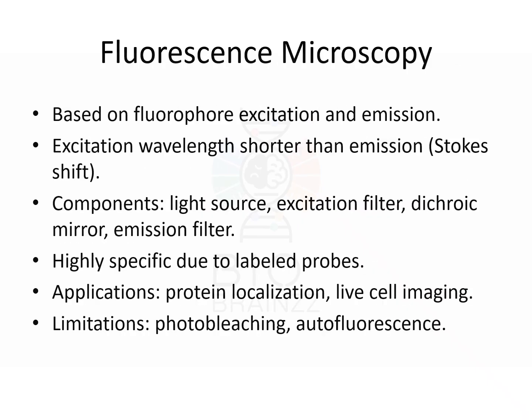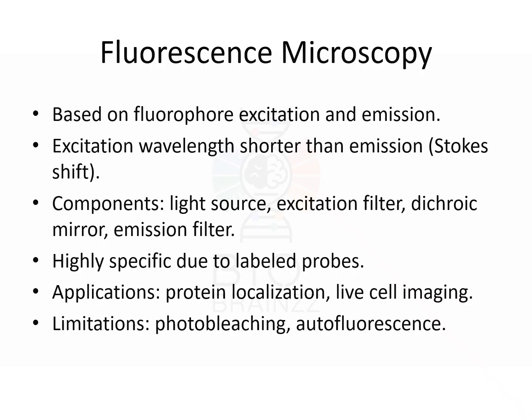Fluorescence microscopy works based on special molecules called fluorophores. These molecules absorb light of one wavelength and emit light of a longer wavelength. This difference is called Stokes shift. Because of this property, we can specifically label and detect certain molecules inside the cell.